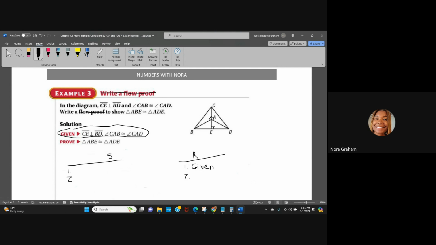We can also state that angle BAE, I'll show you in just a second. Let me write it down. Angle BAE and angle CAB, they're supplementary.